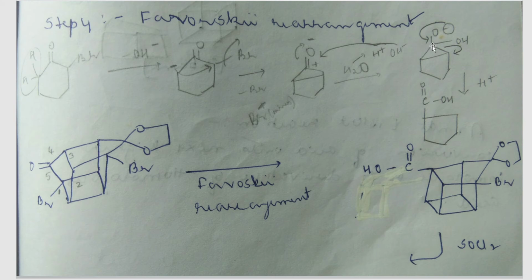Now here you see, students, if this bond comes back and there is a double bond between this carbon and oxygen, the valency of this carbon will be disturbed. It will get 1, 2, 3, 4 and 5 bonds in total, but the maximum valency of carbon is 4, correct?